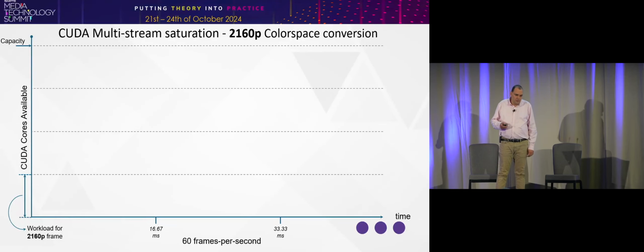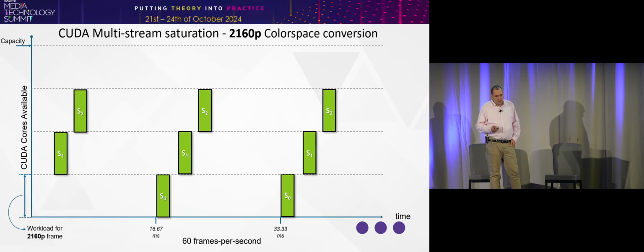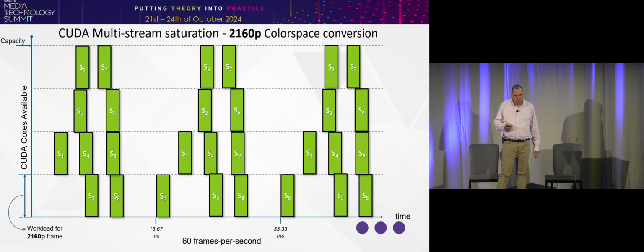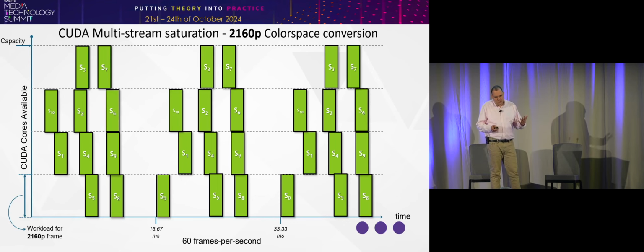And so same principle here. We fill up, everything gets filled up in the same sort of manner. Again, the only difference is less capacity, and so it'll take fewer streams in order to saturate this.